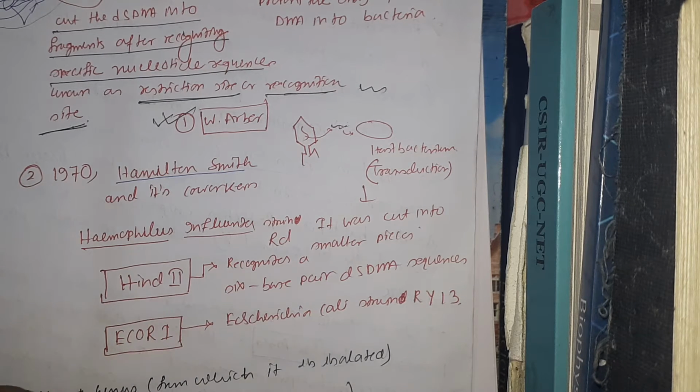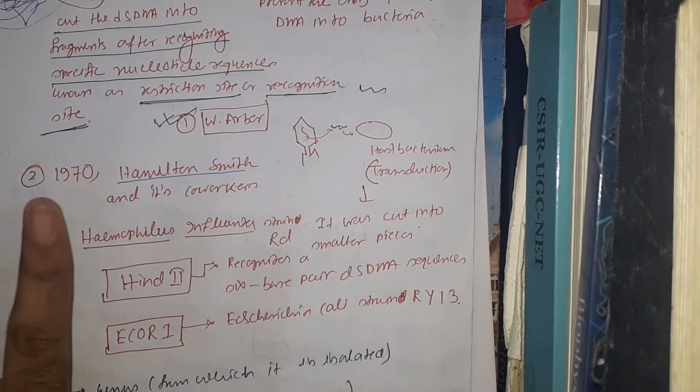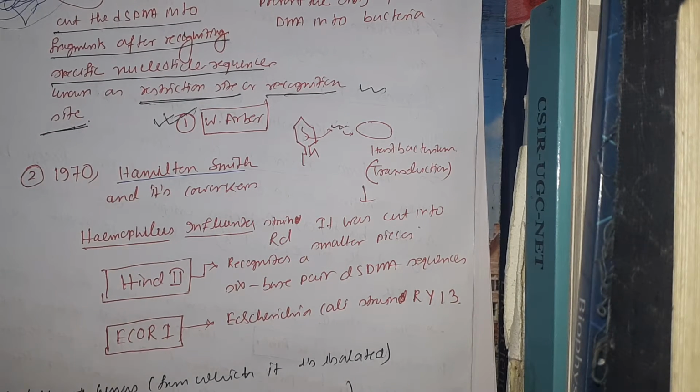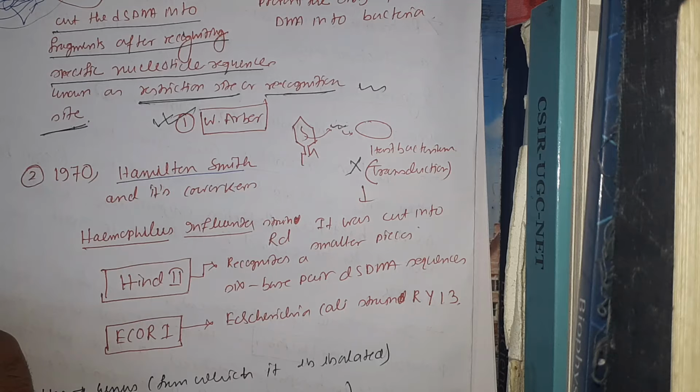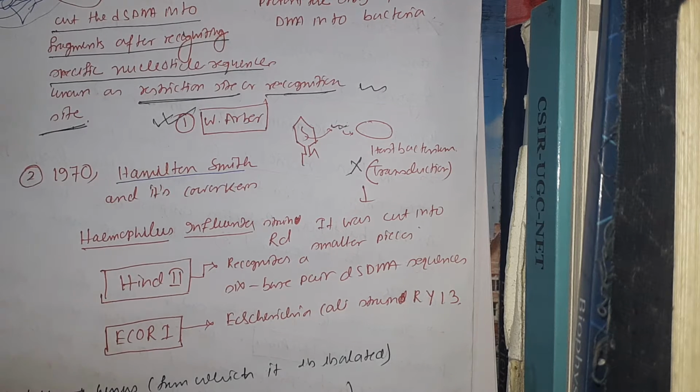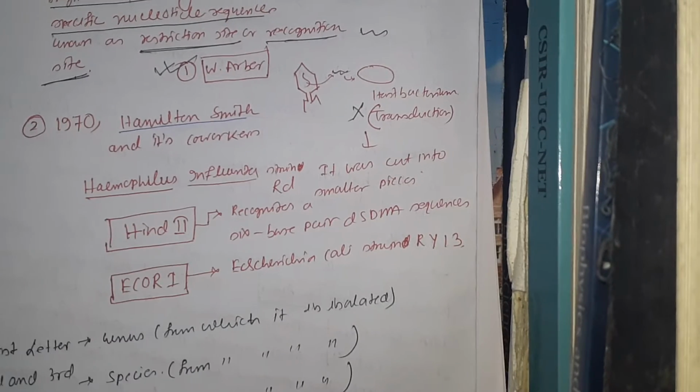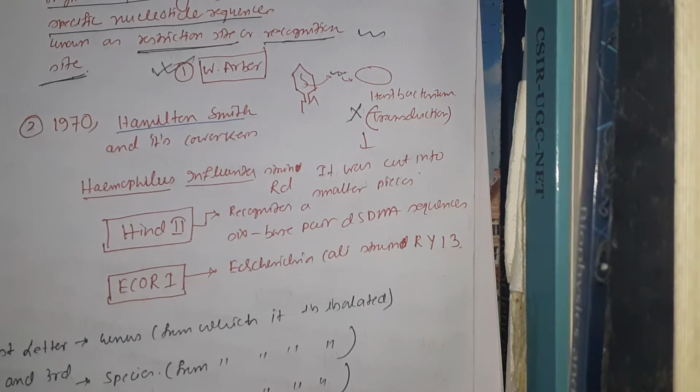That means the host bacteria have something that can resist the entry of viral DNA, or prevent the process called transduction. But he could not isolate that particular product.